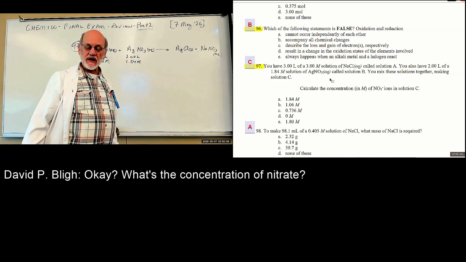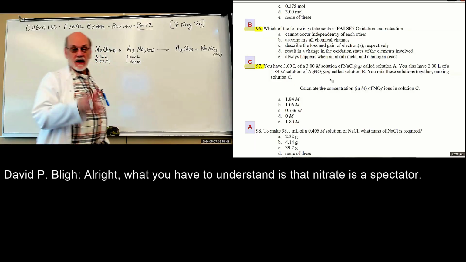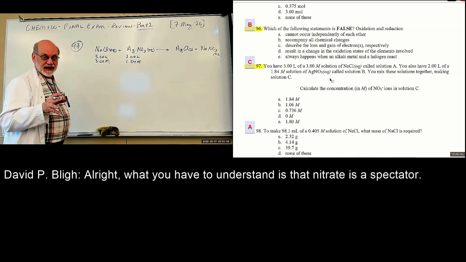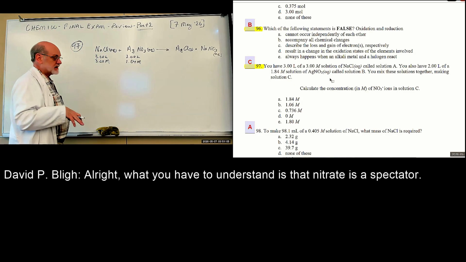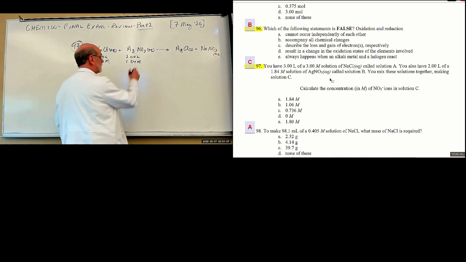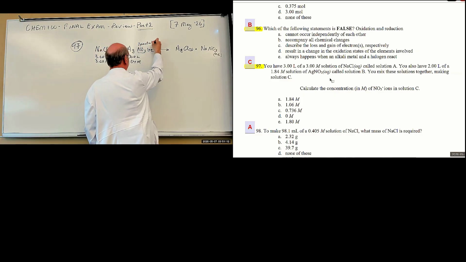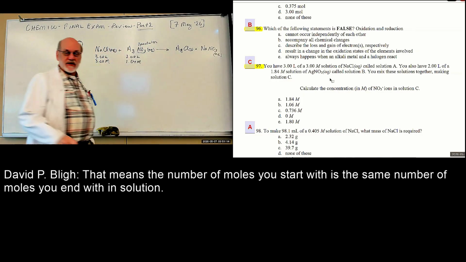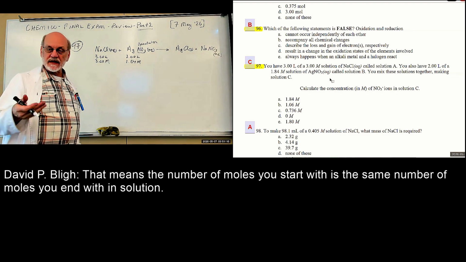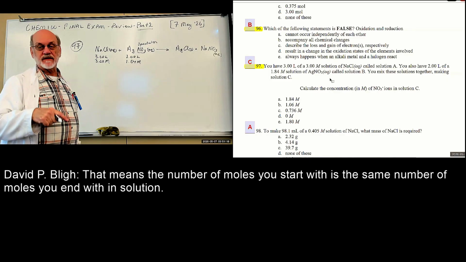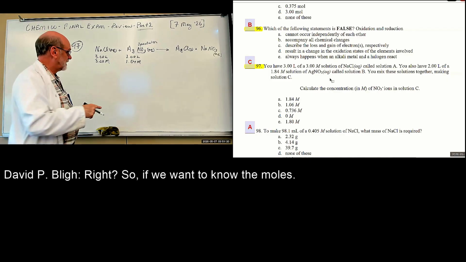Okay. What's the concentration of nitrate? All right. What you have to understand is that nitrate is a spectator. That means the number of moles you start with is the same number of moles you end with in solution. Right?